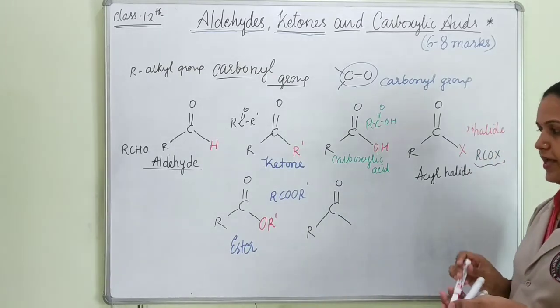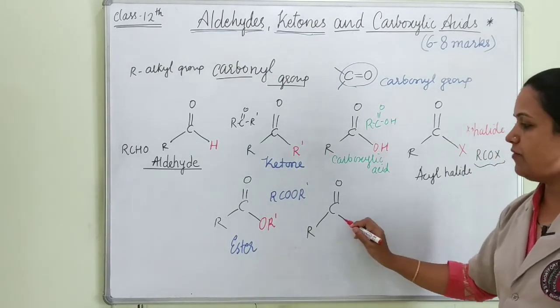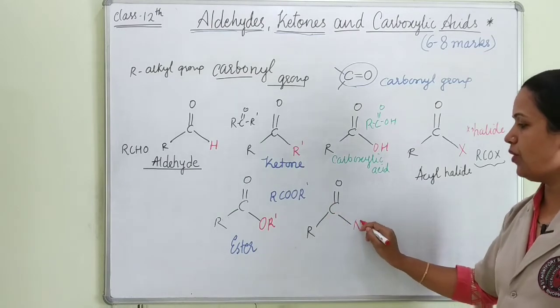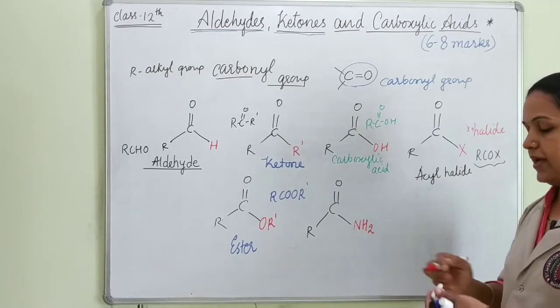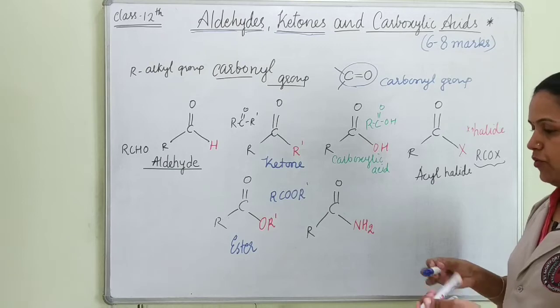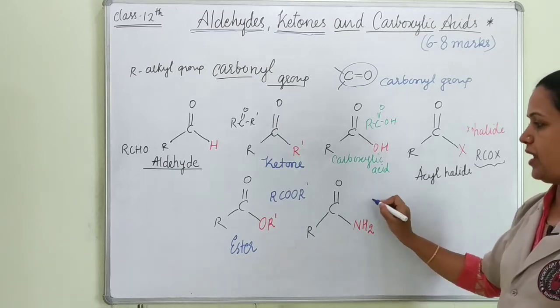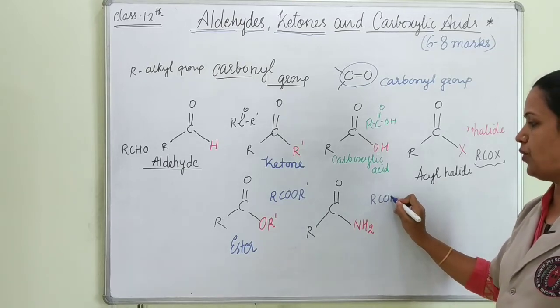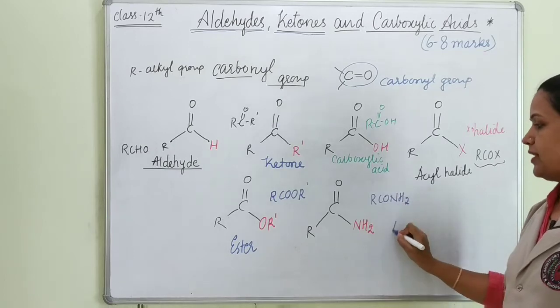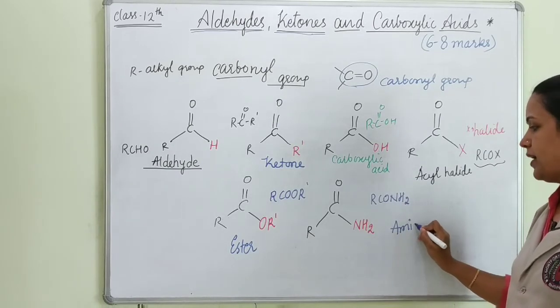Now let's see the next one. If it has NH2, then the formula is RCONH2, and it is known as amide.